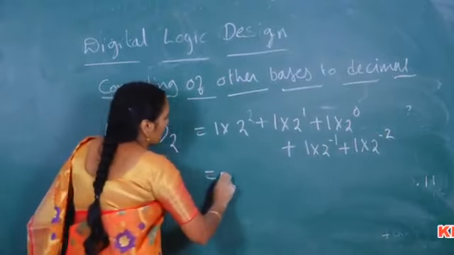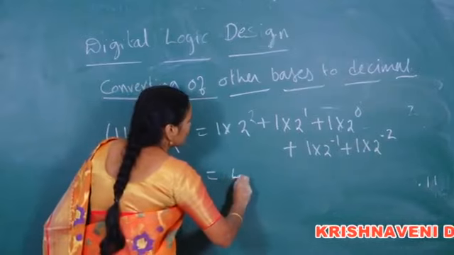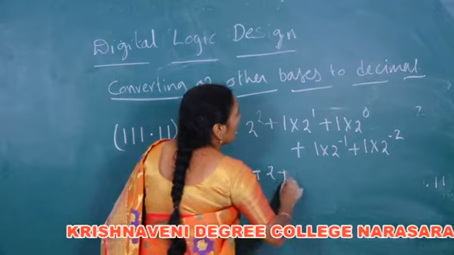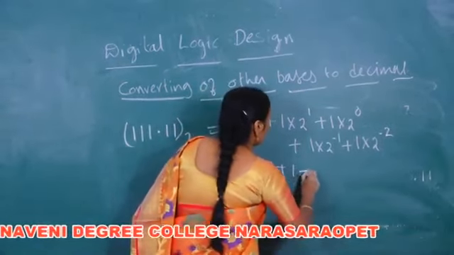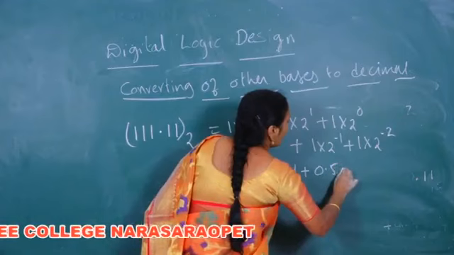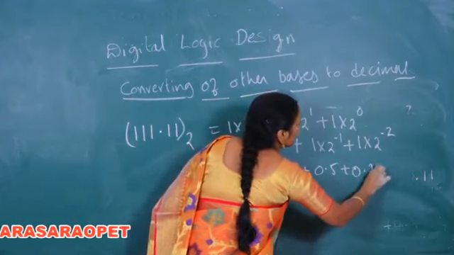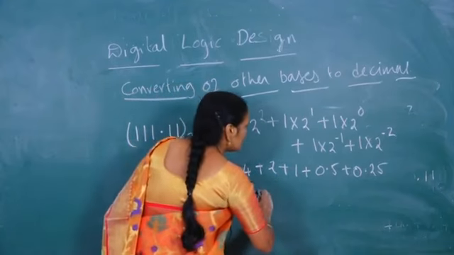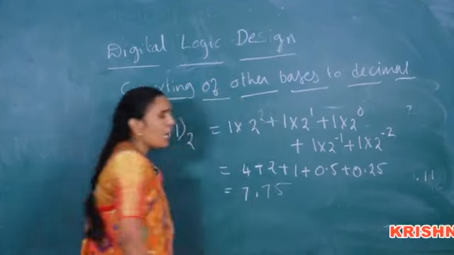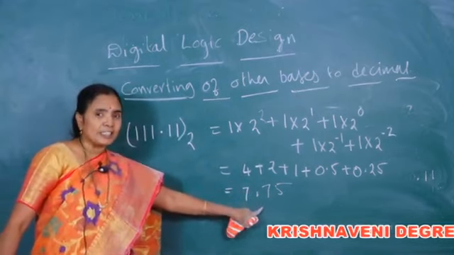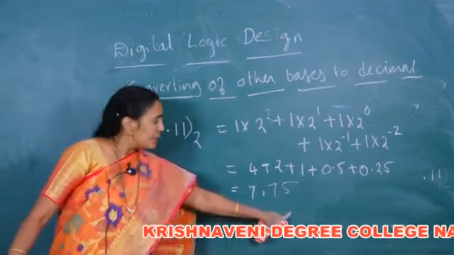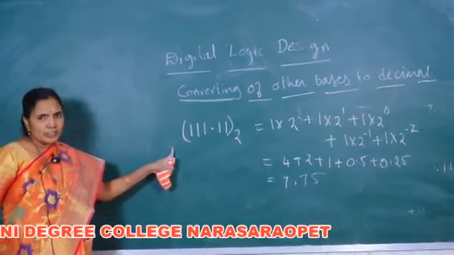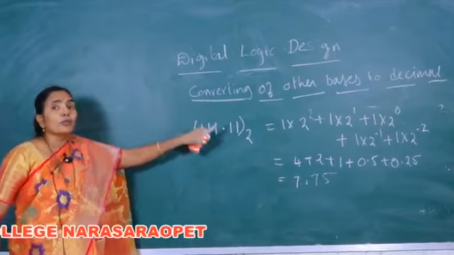Whose value is 4 plus 2 plus 1 plus 0.5 plus 0.25, which is equivalent to 7.75. As the number converted is decimal, there is no need to specify its base. Similarly, you can convert an octal number to decimal also.